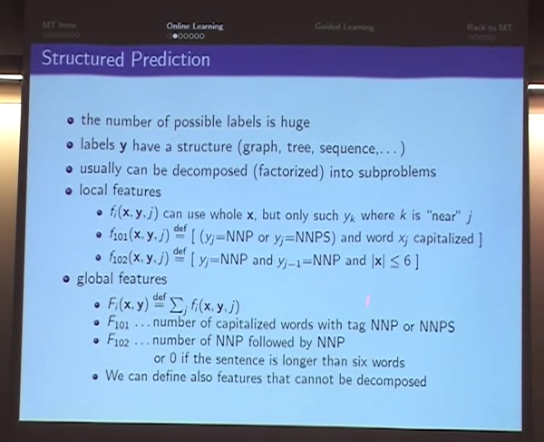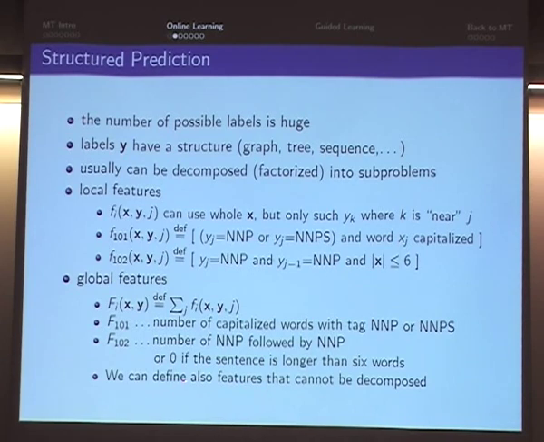And you can also have a feature which looks at the whole input sentence. So, for example, this means that there were less than 7 words. So this feature is a number of NNP followed by NNP, but if the sentence was longer than 6 words, then the value of this feature will be 0. Well, I don't say this is a useful feature, just an example of how you can define features.